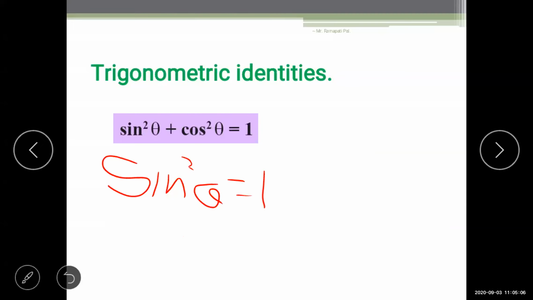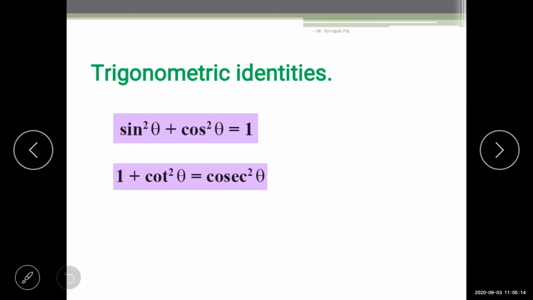Let's see the second identity, that is 1 plus cot square theta is equal to cosec square theta. Then what are the other two identities from this? Yes.